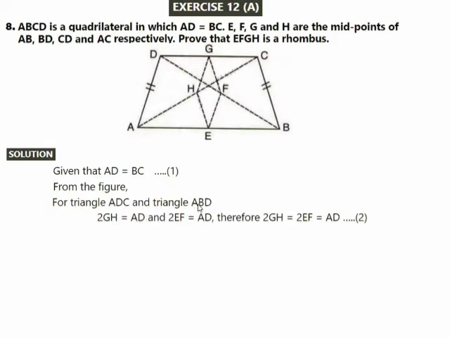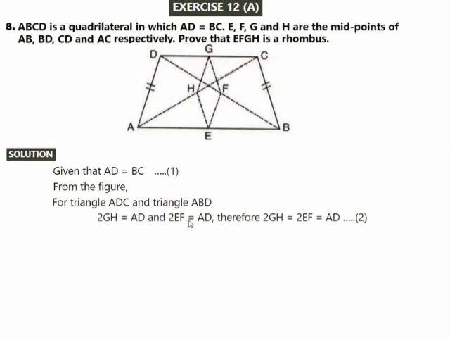And similarly, if you observe triangle ABD, where's ABD? ABD is this triangle. Okay, so I'm talking about this triangle. In this side, F is the midpoint, and in this side E is the midpoint. So that's why this line EF is just half of this, or in other words, AD is double of EF, isn't it?